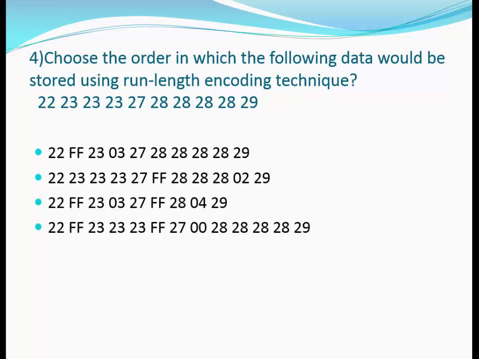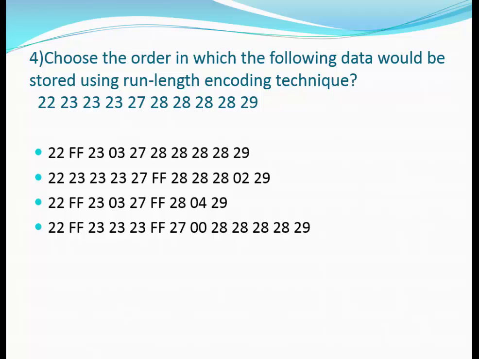In this question, you will see that 23 is repeated 3 times and 28 is repeated 4 times. When you store by using this technique of data compression, we will store 22 first as it comes only one time. Then for 23, we will store 23 three times, for which we will use the notation FF2303.